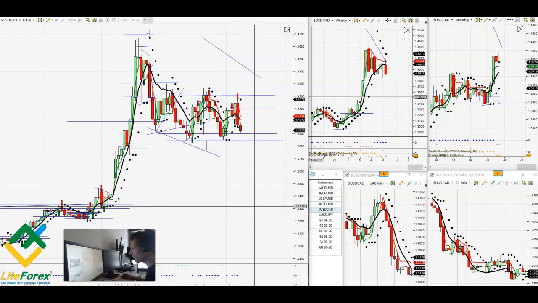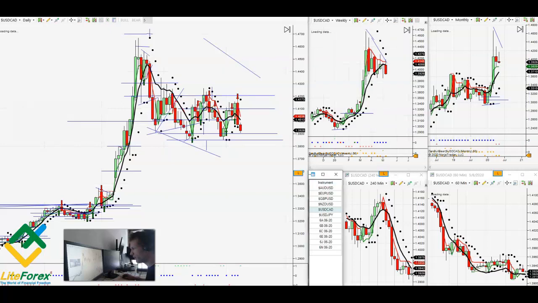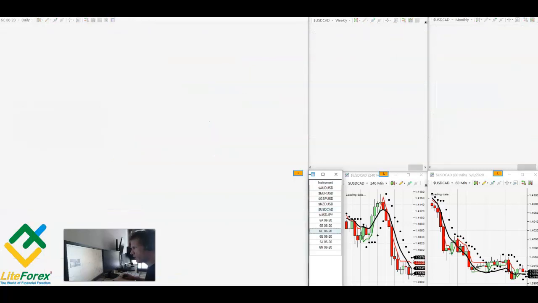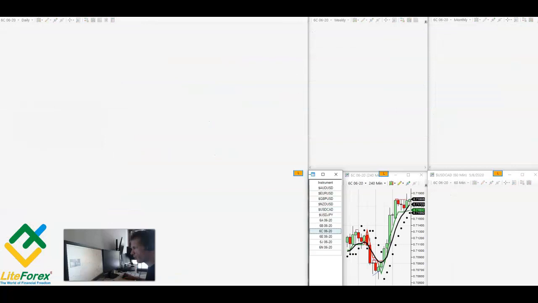It does look like there's more downside. It really does. You look at these high time frames and it looks to me like we're going to have more downside, which should mean the Canadian dollar is going to have more upside.